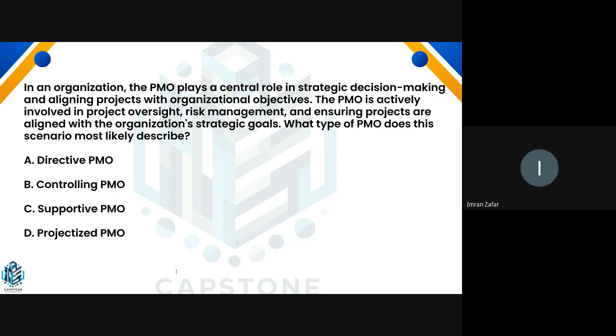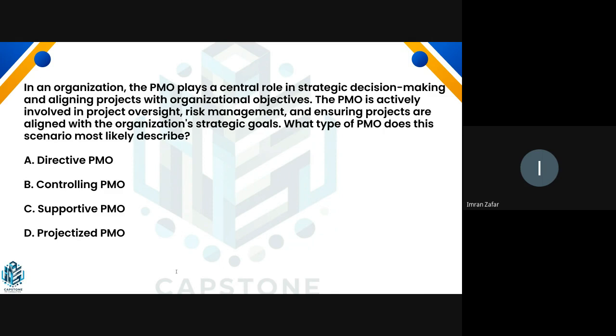Controlling PMO is at a middle level of authority, as we discussed last time. They are there to ensure that you, as a project manager, are following all the organizational policies and any regulatory requirements that are there, and they may occasionally audit your project, but they are not directly involved in or directly managing your project.